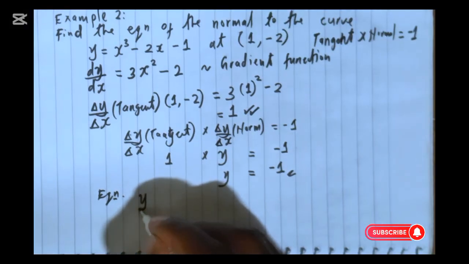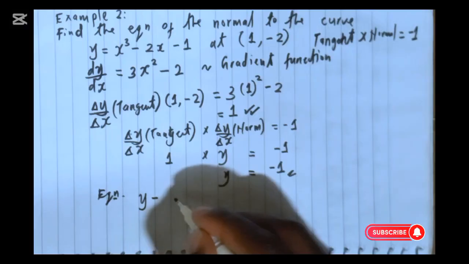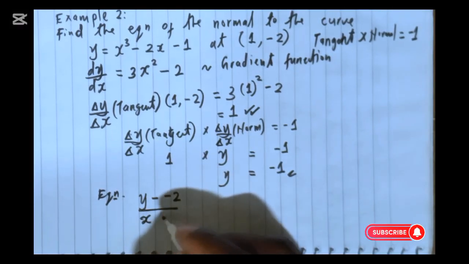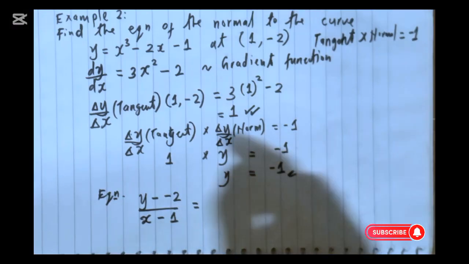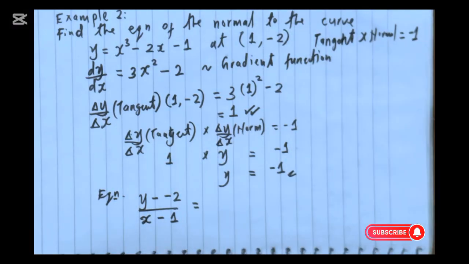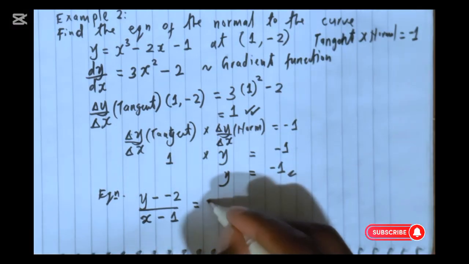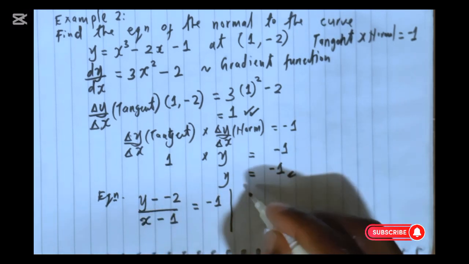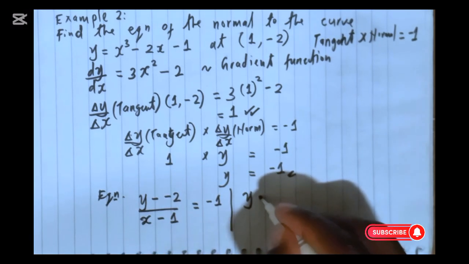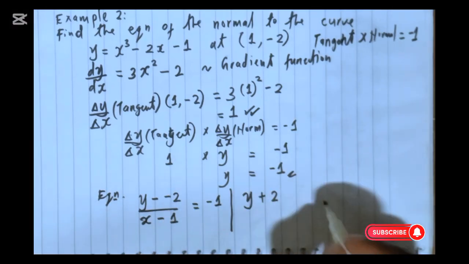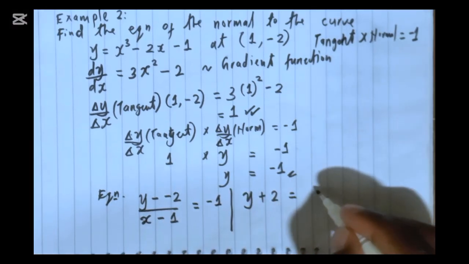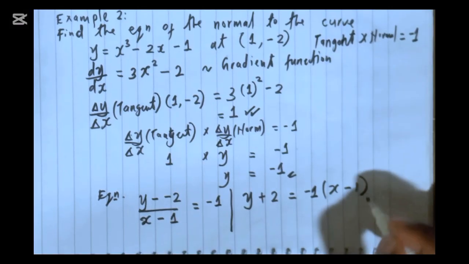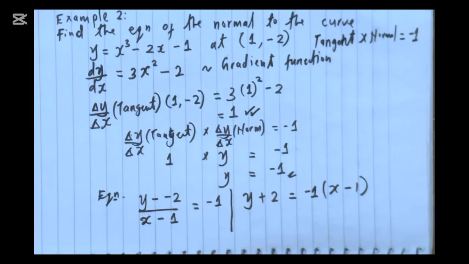And so basically it's going to be y minus -2 all over x minus 1, and we're going to equate it to the gradient, and that is going to actually be -1. And so we're going to cross multiply, and when we cross multiply, we're going to have y plus 2, that is negative times negative, giving us 2 there, equal to -1 into x minus 1. All right, -1 into x minus 1.